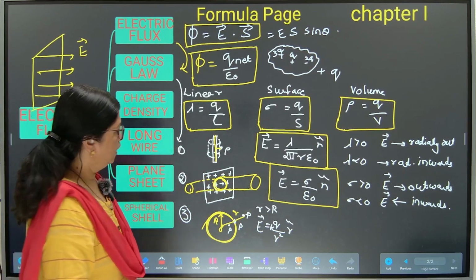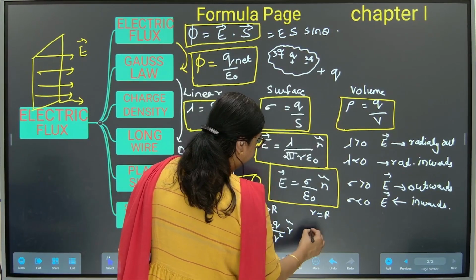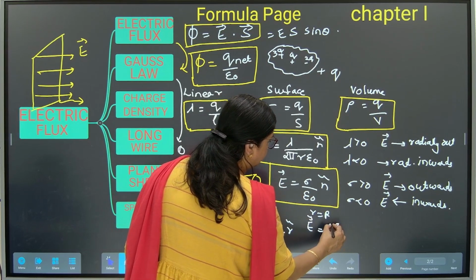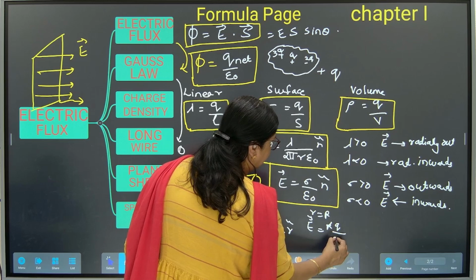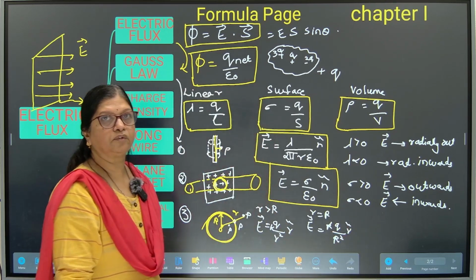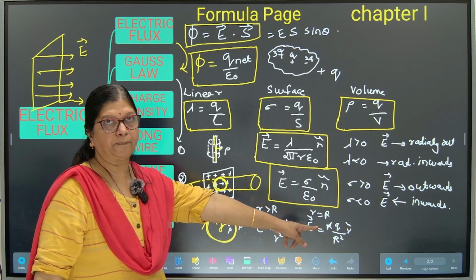Okay? For r equal to R, electric field is equal to kq upon capital R square, where I have replaced small r by capital R.